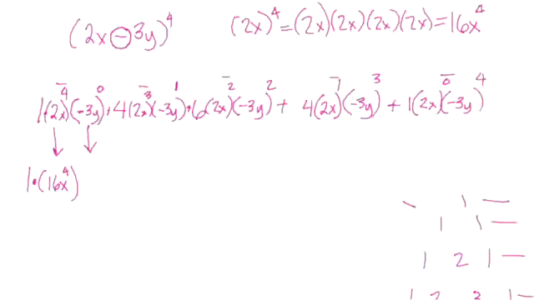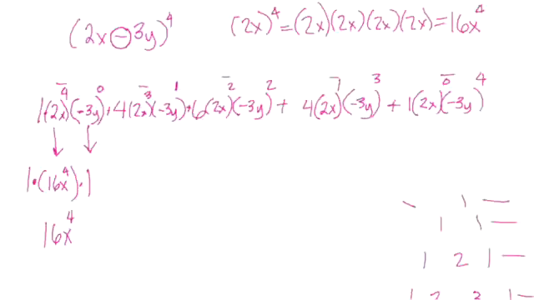And then this part, well, anything raised to the 0 power is just 1. So this simplifies to just 1. So that means that my first term in this expansion is 16x to the 4th.